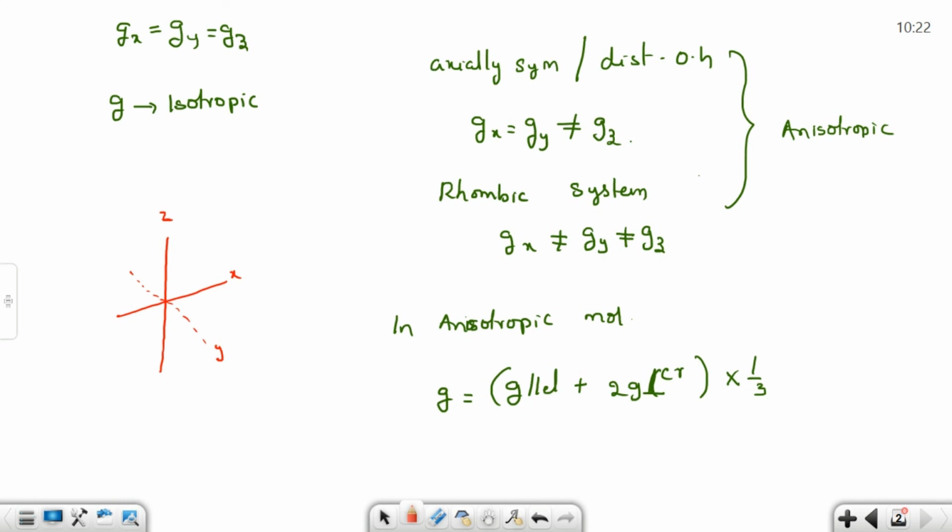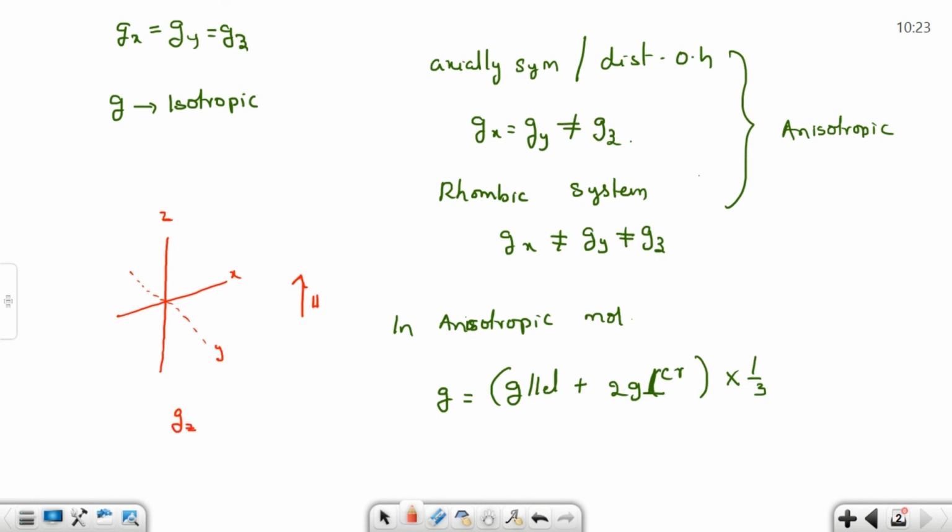In the case of all the molecules, this z-axis is exactly parallel to the applied magnetic field.